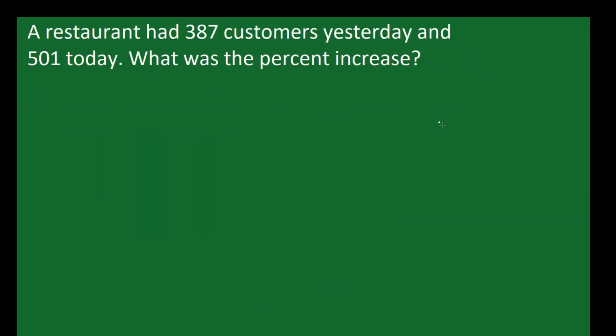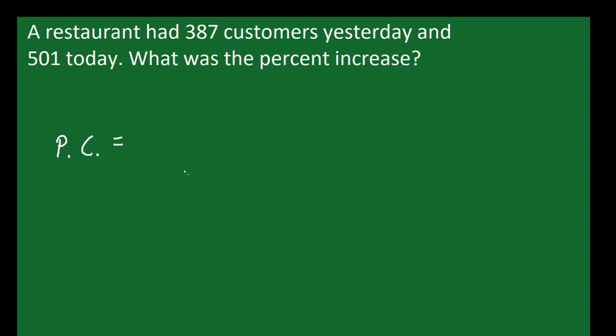Okay, another question. A restaurant had 387 customers yesterday and 501 customers today. What is the percent increase? So again, they are telling us that it's an increase, but you can just treat this like the same question.